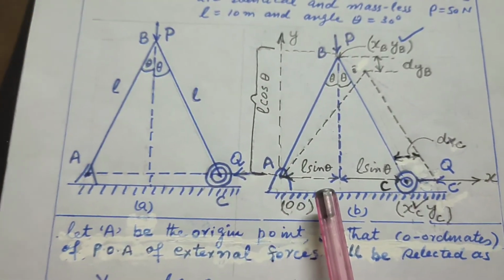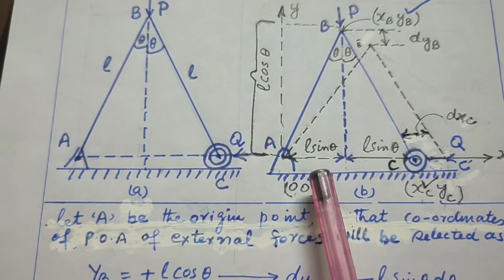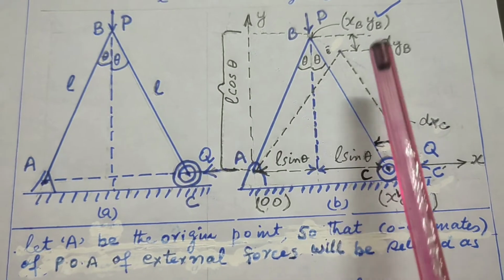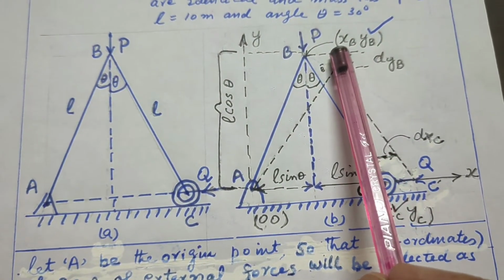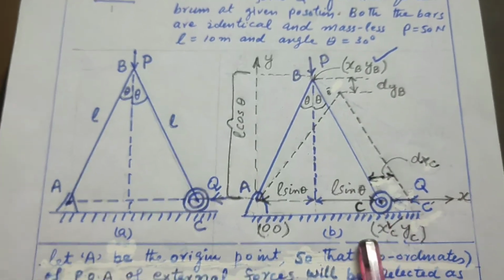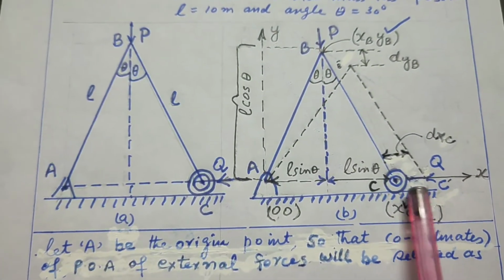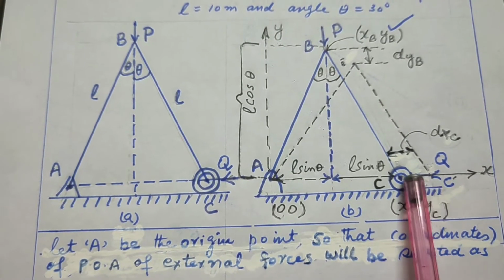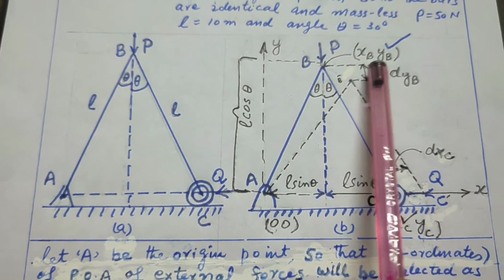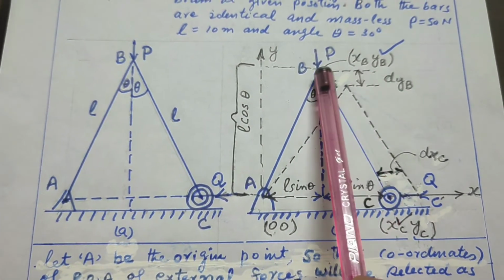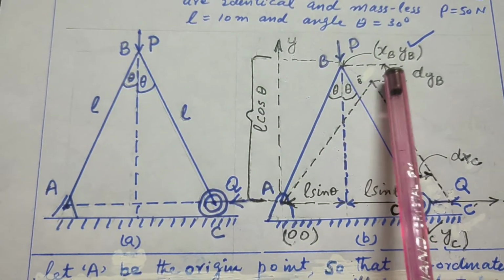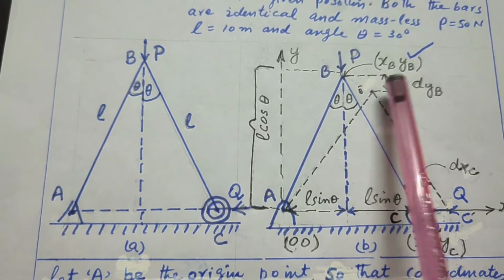The third point is to select the coordinate in the direction of force. Here we select YB in the direction of force P, and XC in the direction of force Q.